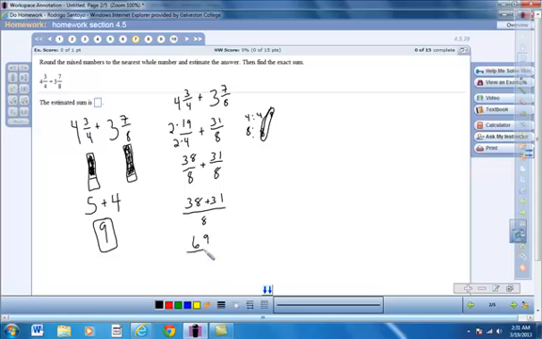69 over 8. But once again, we have an improper fraction, so all we'll do is division. And we know that 8 times 8 gives us 64. We subtract, we get 5. So this number up here on the top is our whole number.